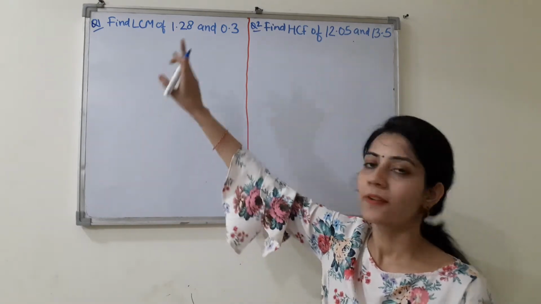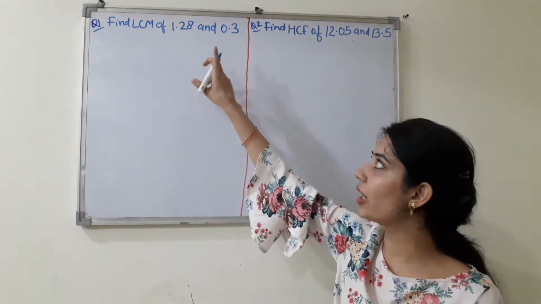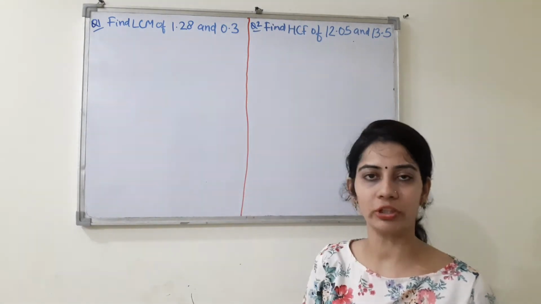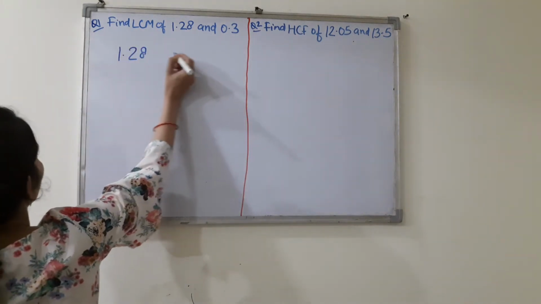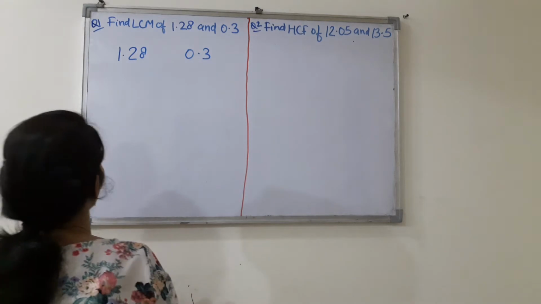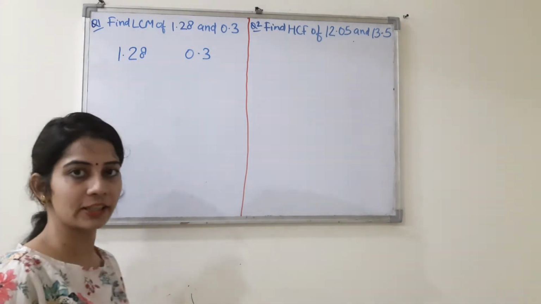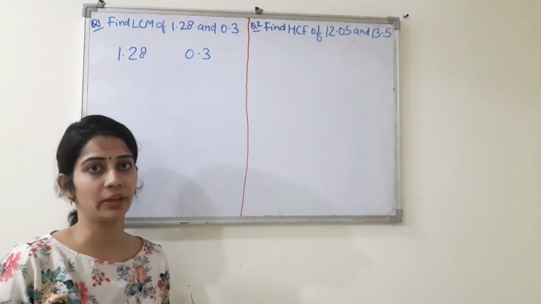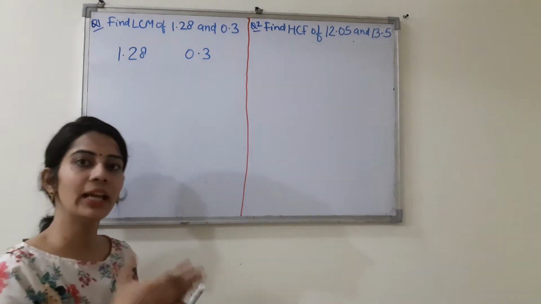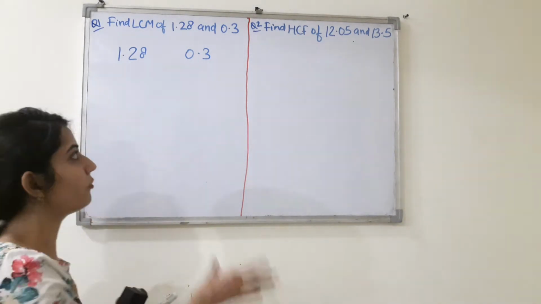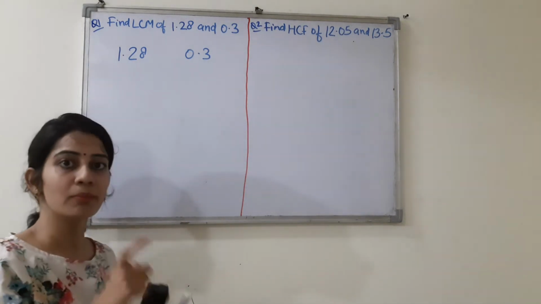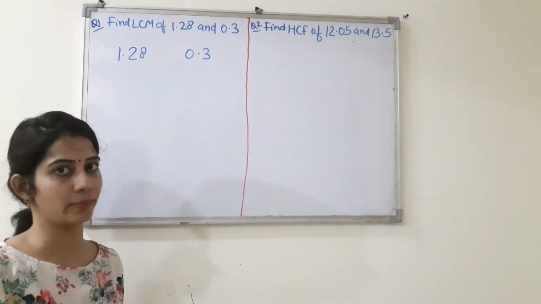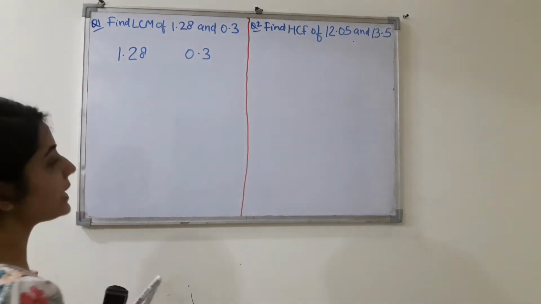So first is find the LCM of 1.28 and 0.3. Now look at these numbers, 1.28 and 0.3. The first thing that is very important when we are finding the LCM or HCF of decimal numbers is that the place of decimal must be the same in the given numbers. So what is the place of decimal?